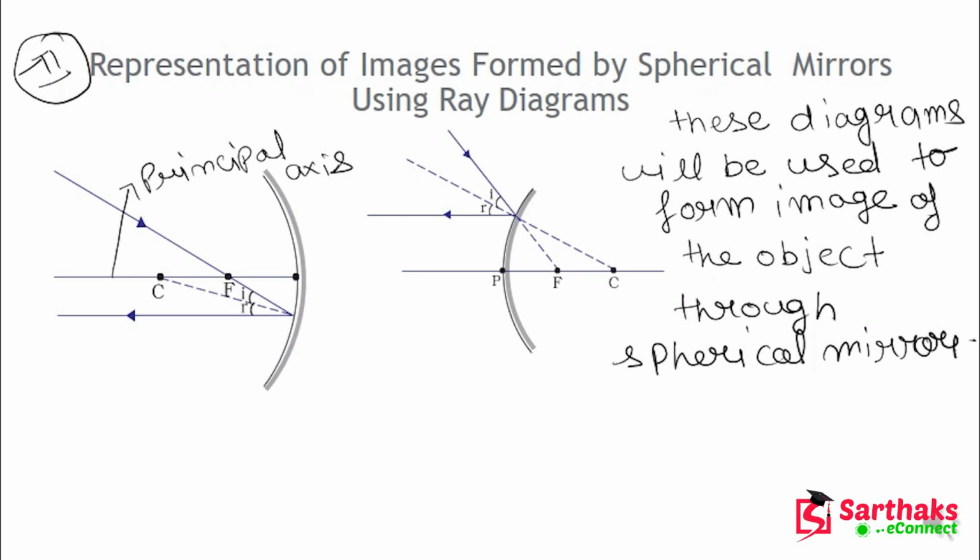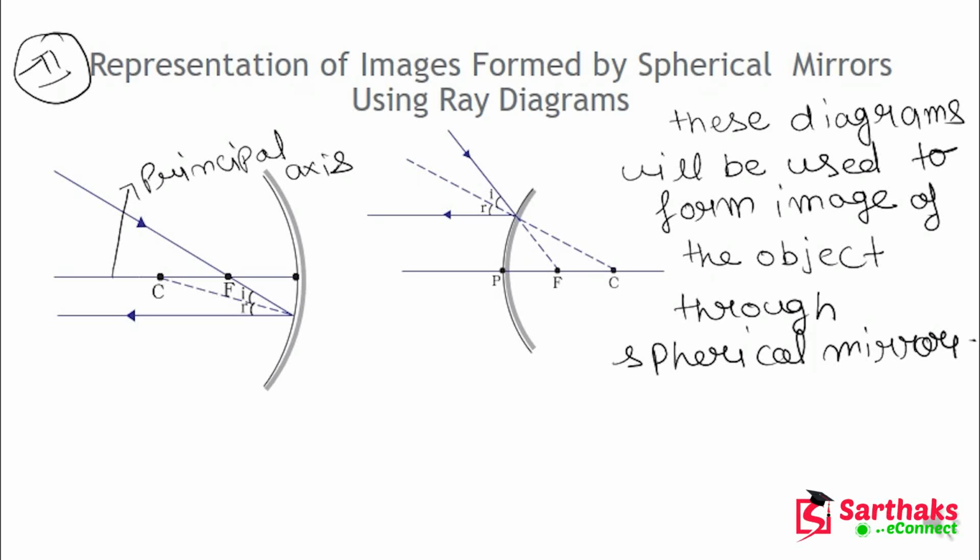There, whenever a ray goes parallel to the principal axis, after the reflection it goes back crossing the point F. But here, whenever a ray crosses point F, it becomes parallel to the principal axis. So these two laws are just opposite.